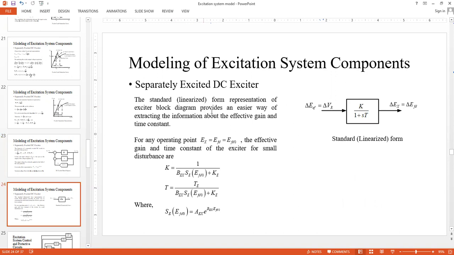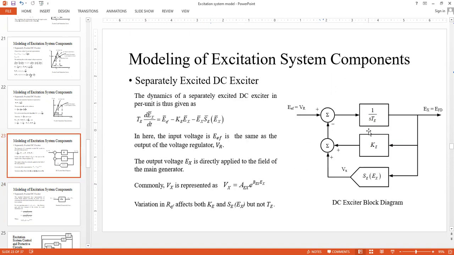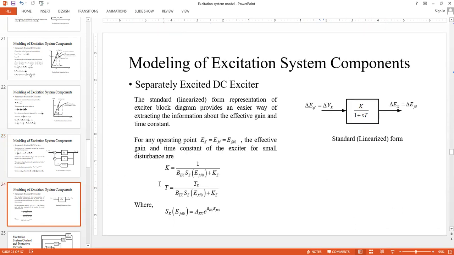So later on what we did, we tried to simplify this big block, 3 blocks, into a single block, by considering the fact that we can linearize this nonlinear model by applying some Taylor series expansion and truncation of higher order terms. So ultimately we found 2 parameters, K and T, where K is some form of gain and T is some form of time constant.